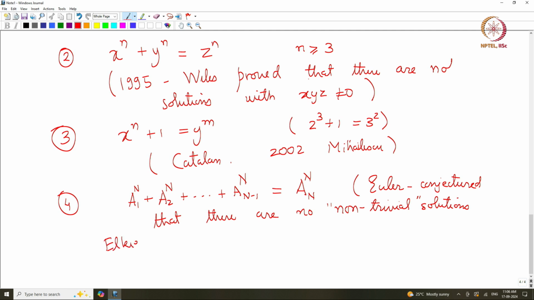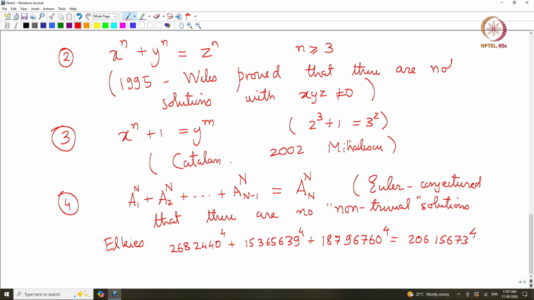He actually found an example, and this was not done by brute force, but using a lot of sophisticated mathematics. So, he proved that if you take fourth powers of these three numbers, 95800, 217519, 414560, then 95800 to the 4 plus 217519 to the 4 plus 414560 to the power 4 is 422481 to the power 4.